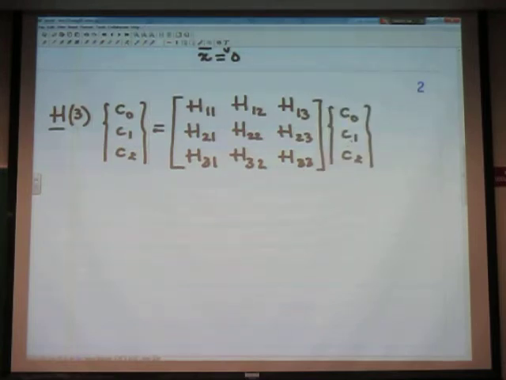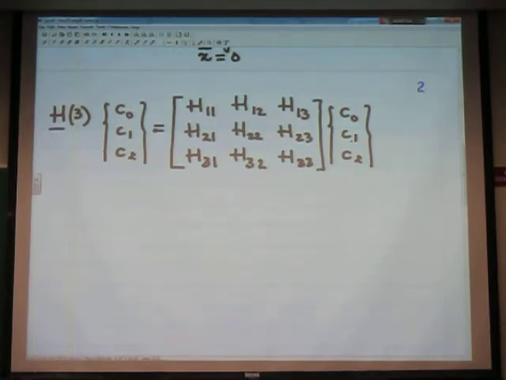Sorry, that's the left-hand side. And you know the values of the Hilbert matrix, you can fill out the coefficients, right? 1, 1/2, 1/3. That's the first row. Is it clear to you? That's the left-hand side.